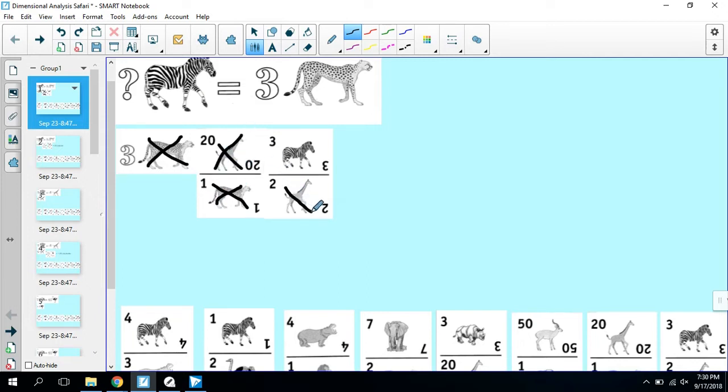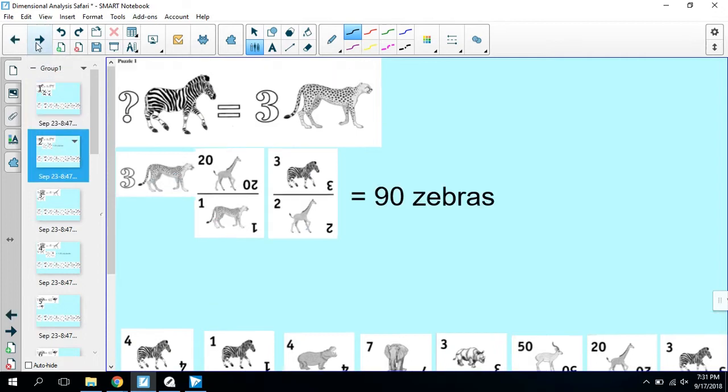They divide out to be 1. And then that leaves me with my zebras. So if I multiply 3 times 20 times 3, and then I divide the whole thing by 2, because 1 times 2 is 2, then I'll end up having all of that canceled out. And if I multiply that with a calculator, it ends up being 90.